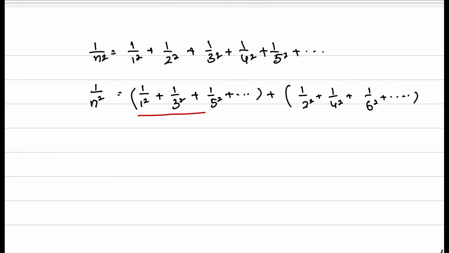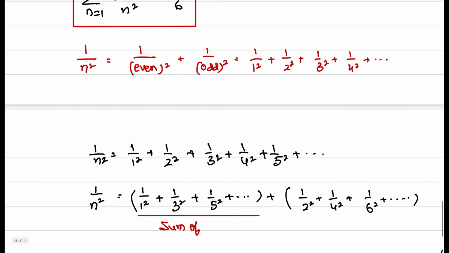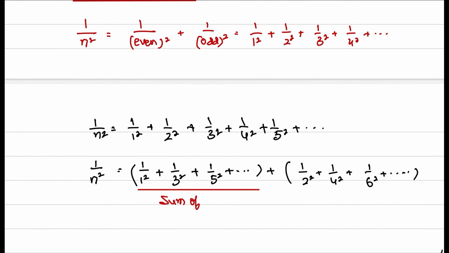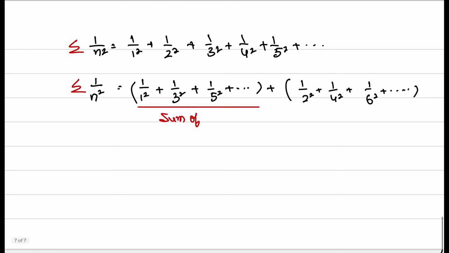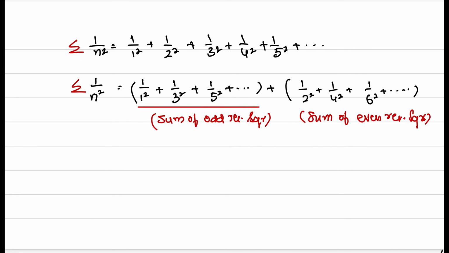That means this is the sum of odd number reciprocal squares, plus the sum of even reciprocal squares.